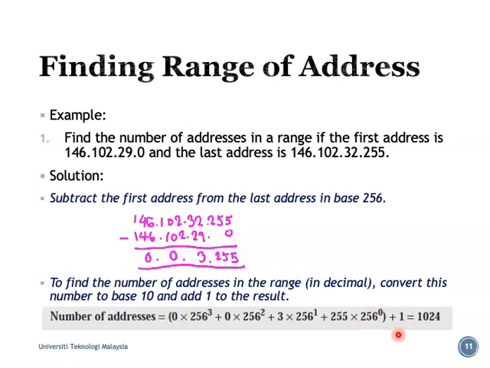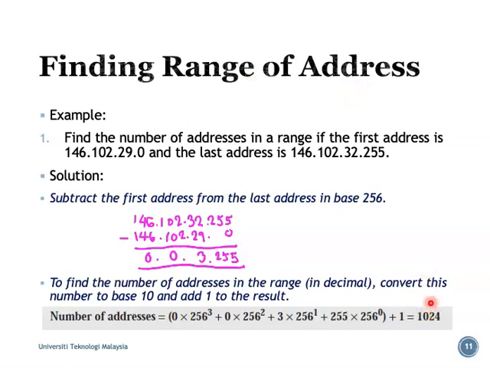So add 1, you will get the range of the address, which is 1024. Range of address also means the total number of addresses from this given first address to the last address.